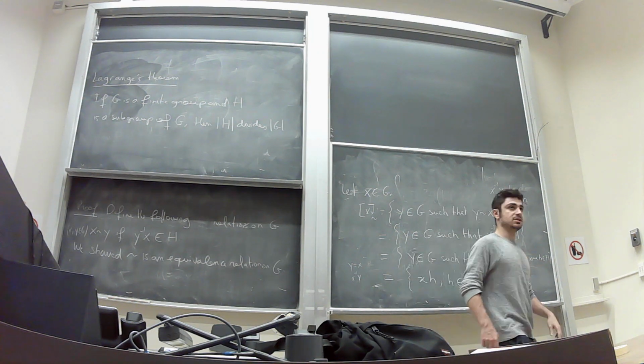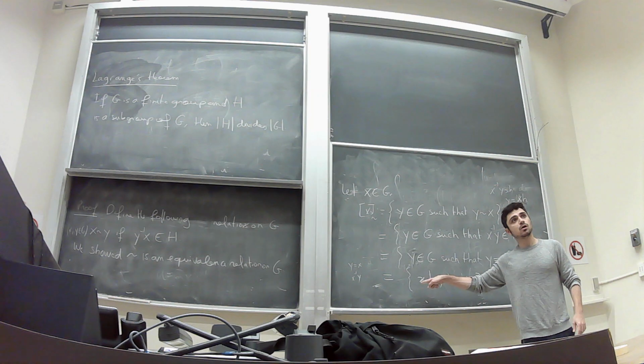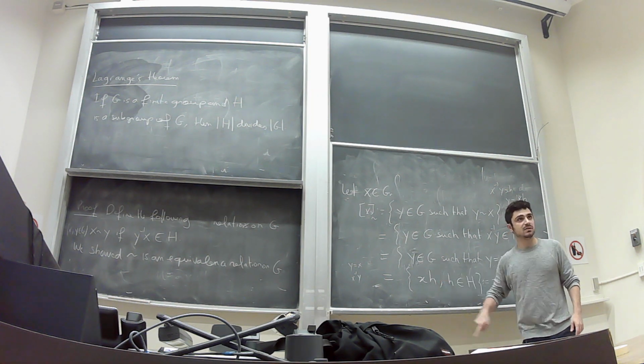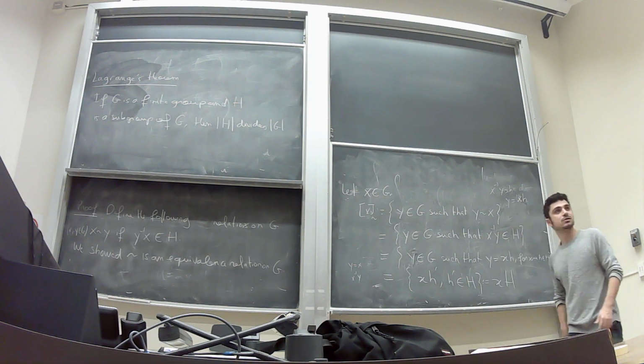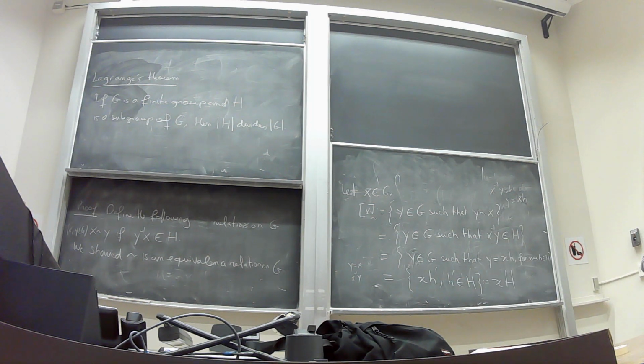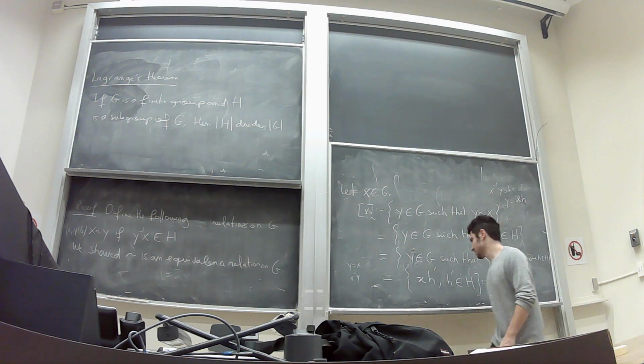What are all the Y's in G that can be written in this form? If you take all the H in H, and you multiply them on the left. For some H in H, here it's just an index. Is it clear?